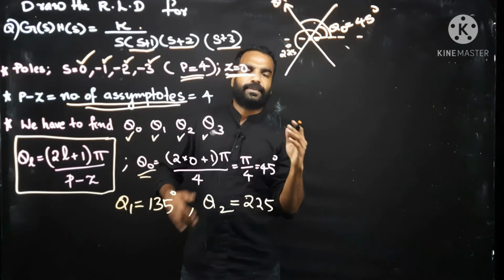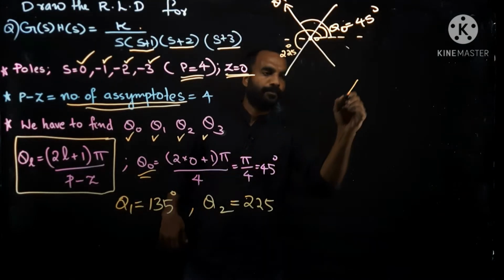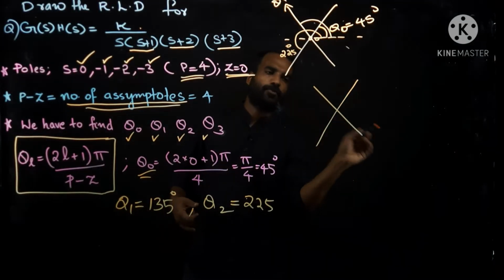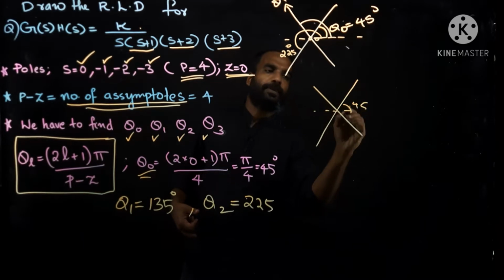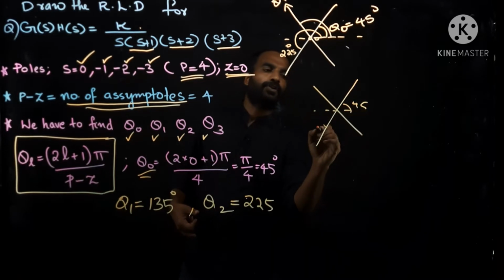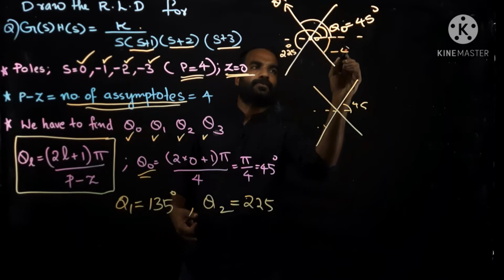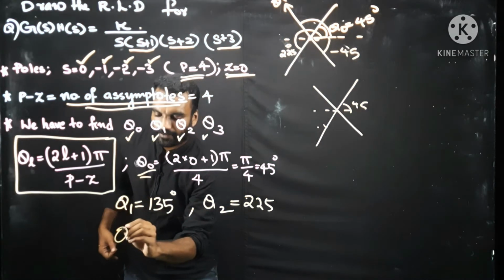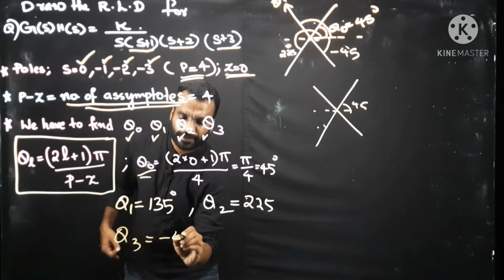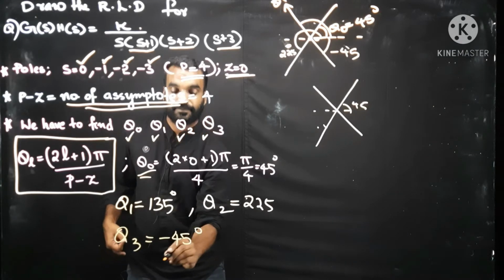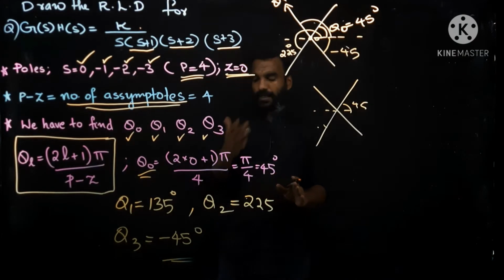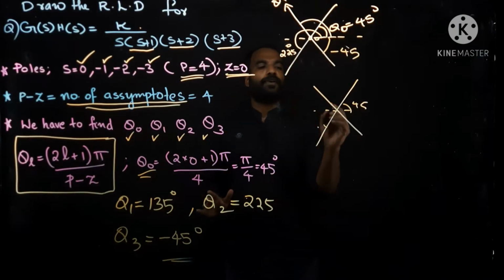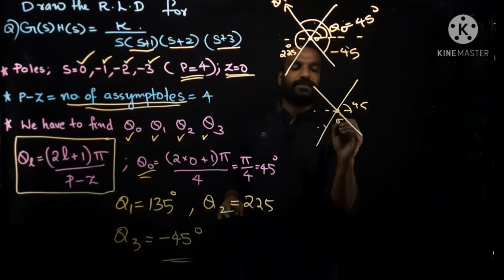We are splitting with the same cross mark. If you draw a cross mark and measure the angles, it will be 45, this will be 135, this will be 225, and this will be minus 45. So theta 3 will be minus 45 degrees. So this will be the angle of asymptotes.